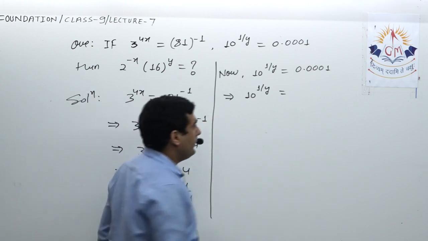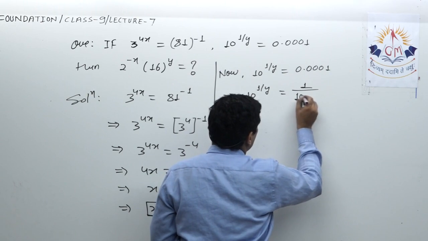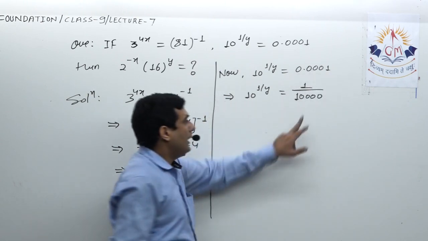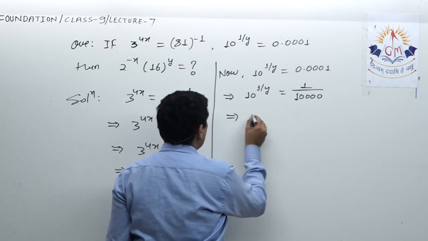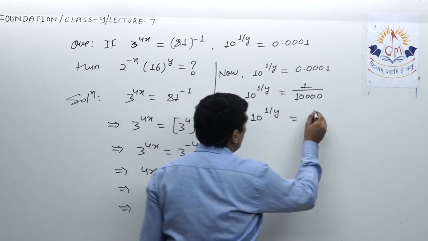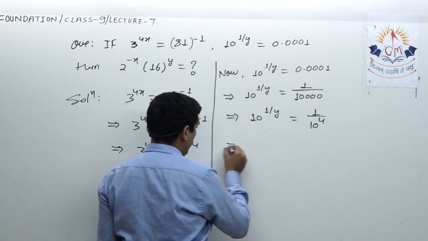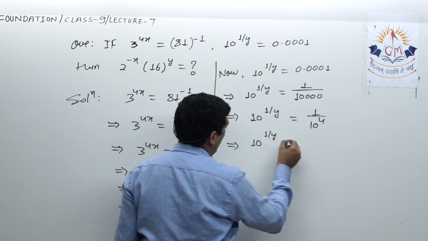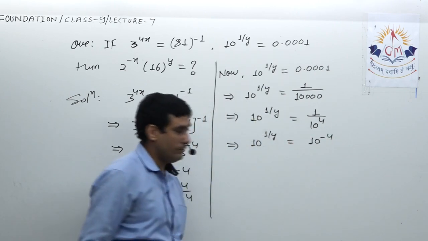On the left hand side the base is 10, so here I will try to make the base on the right side again 10. First of all, if I remove the decimal, I will get 1 upon 10,000. So this gives me 10 raised to 1 upon y is equal to 1 upon 10 raised to 4. That is 10 raised to 1 upon y is equal to 10 raised to minus 4.